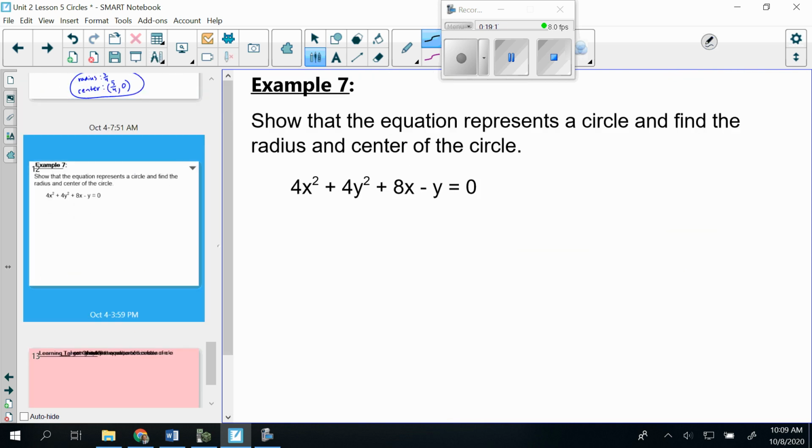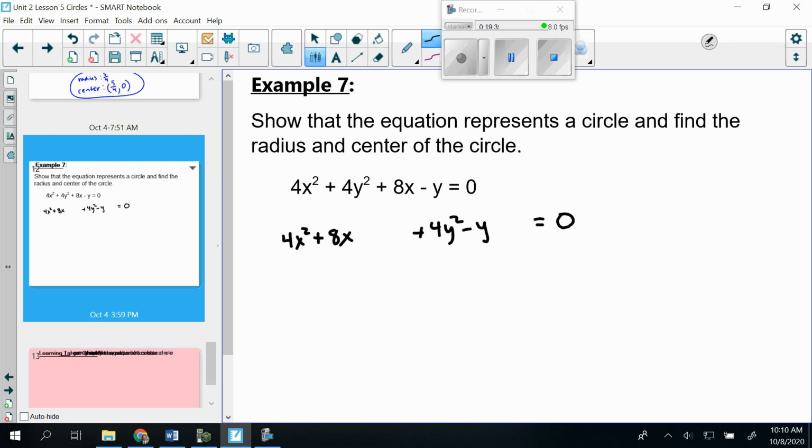All right, last one, kind of again similar to what we've had. Once you pause the video, try this one, see what you come up with. All right, again, we got to group together our x stuff, group together our y stuff, and then equals 0 here.